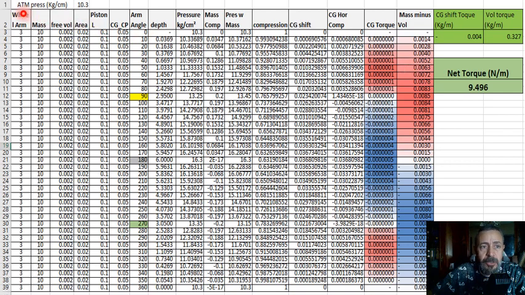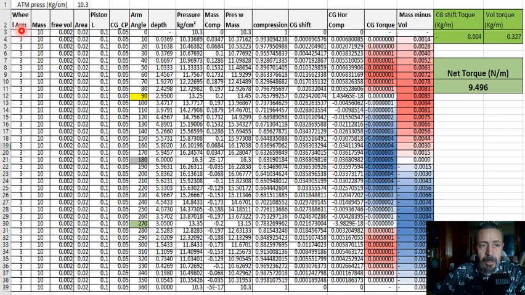The first thing I used, the starting point, is the atmospheric pressure above the water surface. I'm sorry, it's not in kilogram per centimeter; this one is meant to be tons per square meter.